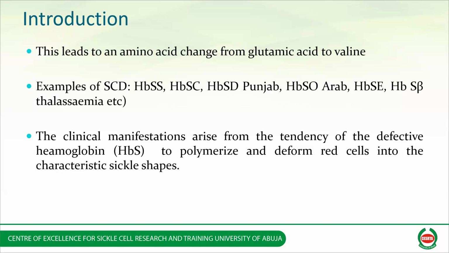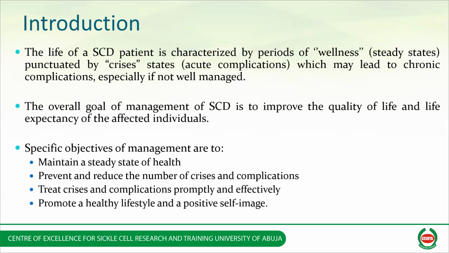For hemoglobin SS it is valine, and then for hemoglobin SC, SD, various other amino acids are replacing glutamic acid. The clinical manifestations arise from the tendency of the defective hemoglobin to polymerize and deform red cells into the characteristic sickle cell.